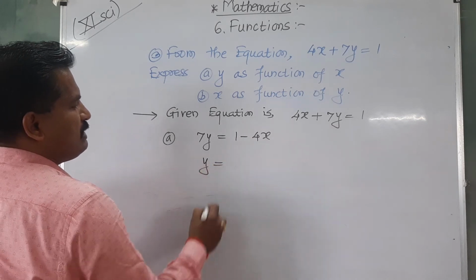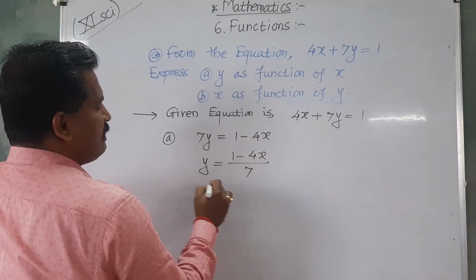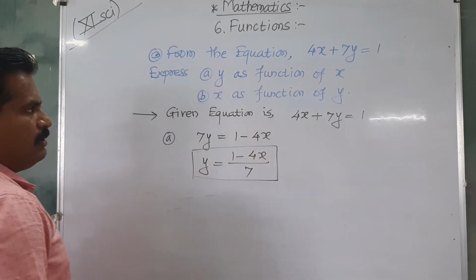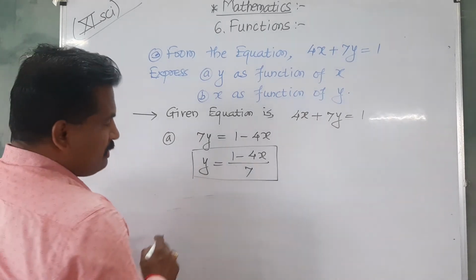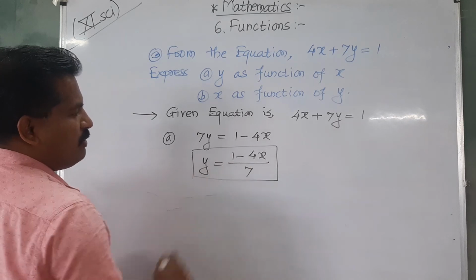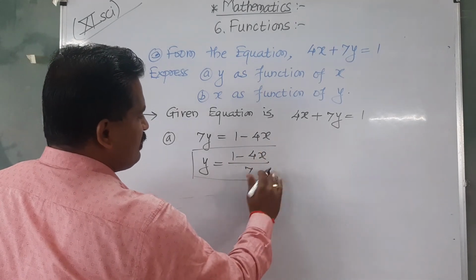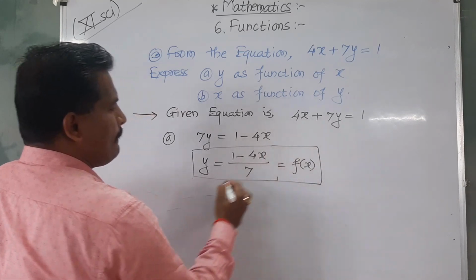Then y is equal to 1 minus 4x upon 7. It is a function of x.